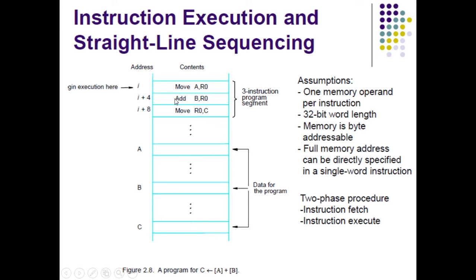Suppose after fetching this particular instruction, it is clear that it indicates a move instruction, right? We want to move a value from this memory location labeled as A to a register R0.